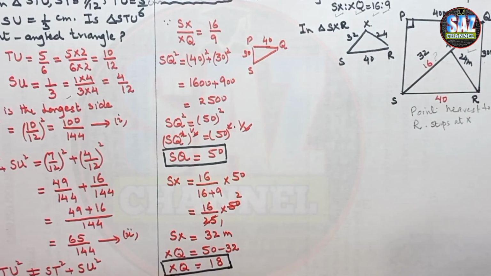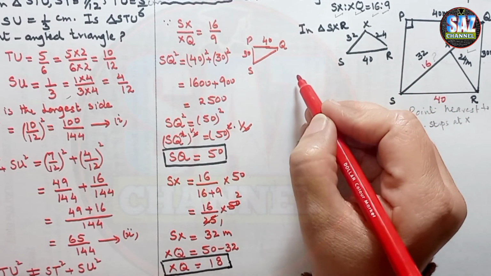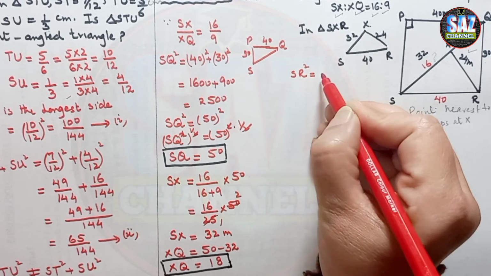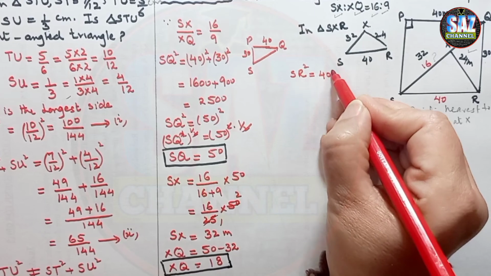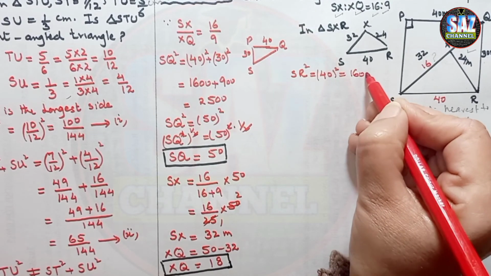Obviously we can see that 40 is the longest side, so 40 square equals SR square equals 1600.